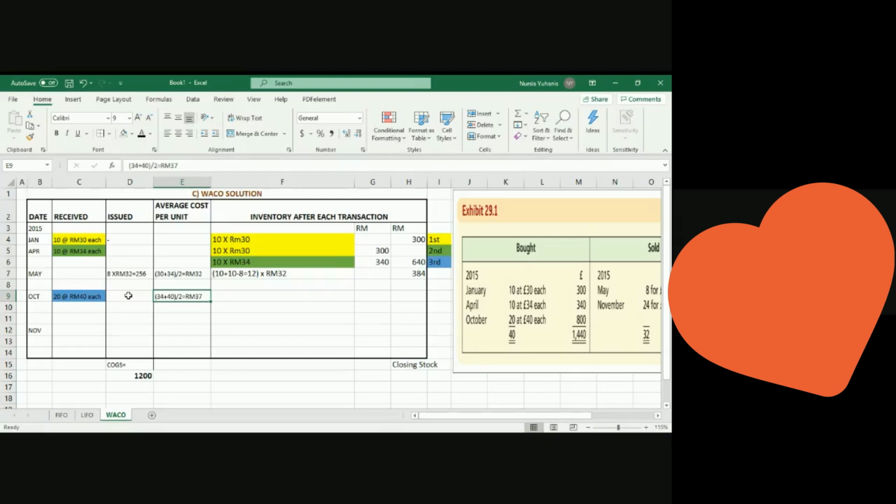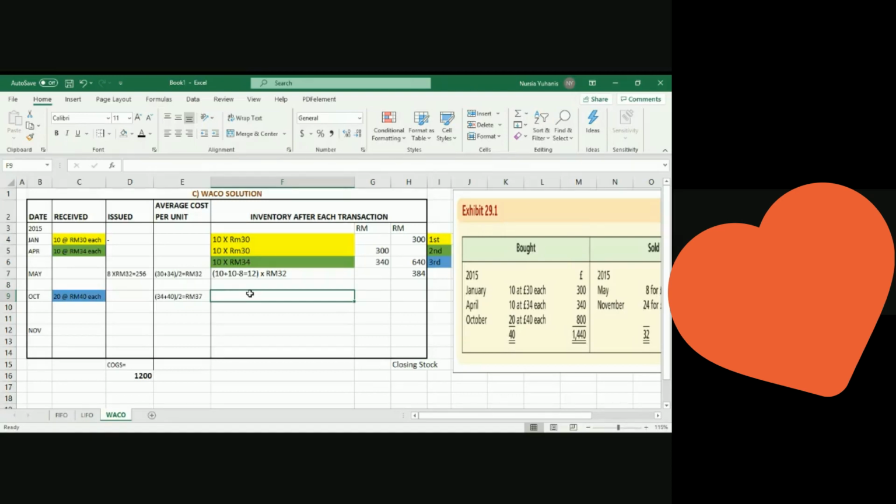So now you have the second average price. How much is your number of units now? Your inventory, how much? 12 plus 20, 32.